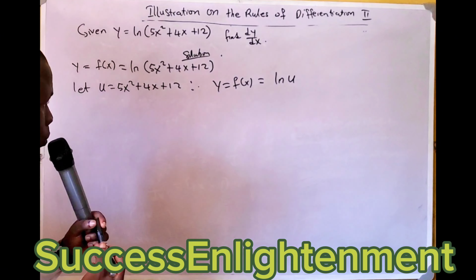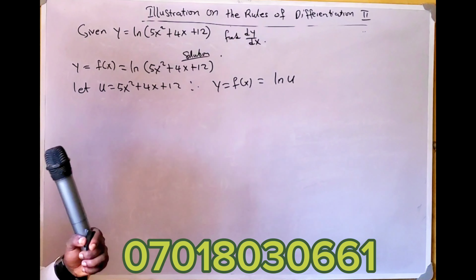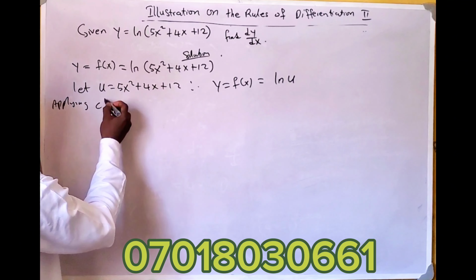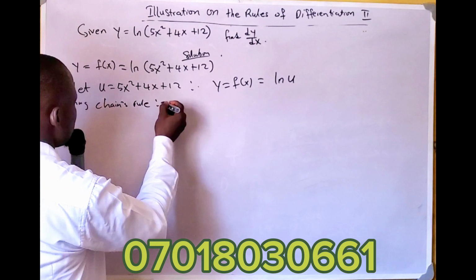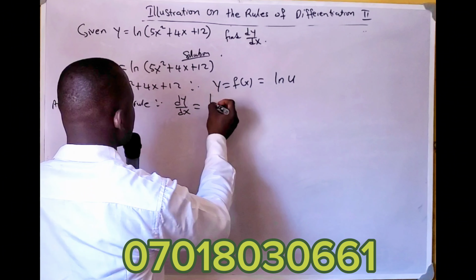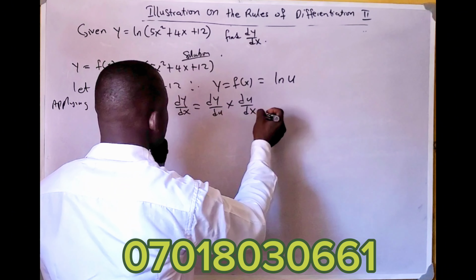Okay, so from here we already put it in chain rule. So what does chain rule say? Applying chain rule, that is dy/dx equals dy/du times du/dx.